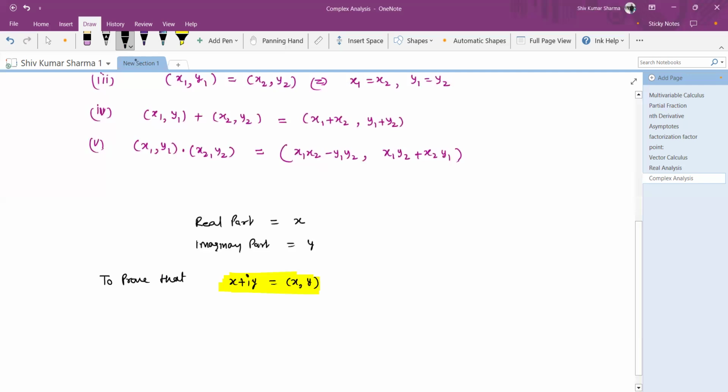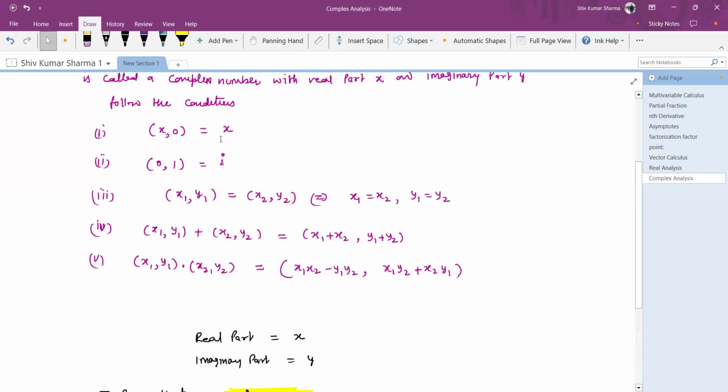For proving this, we take the LHS, which is x plus iota y. As per the above conditions, the first is the real number x, which we write as x comma 0.